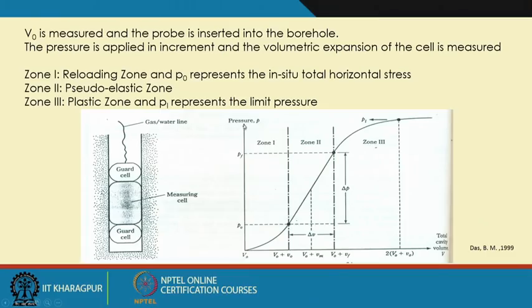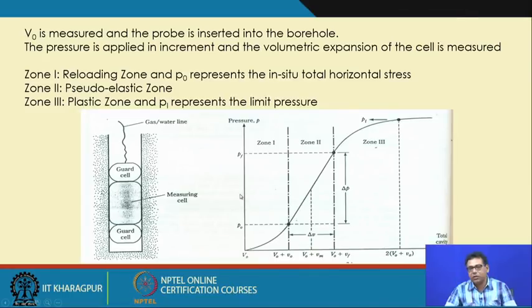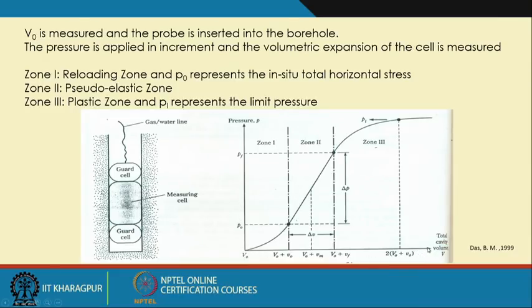So this is the total cavity volume, and this is the pressure that we are applying. We are applying the pressure and measuring the volumetric deformation, or the volume change. So this is the typical curve.